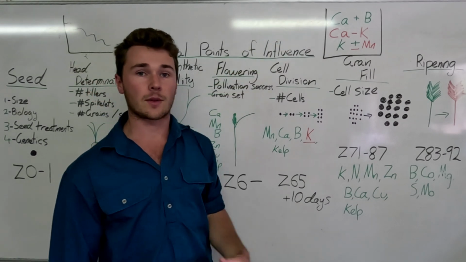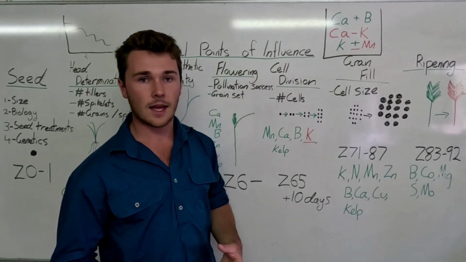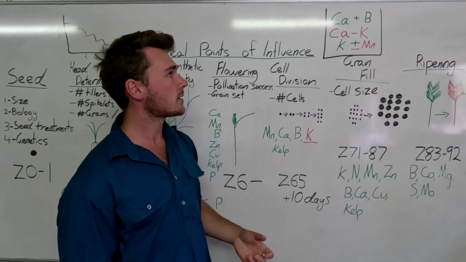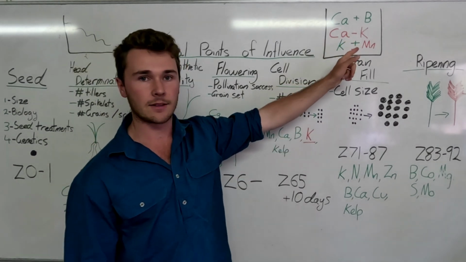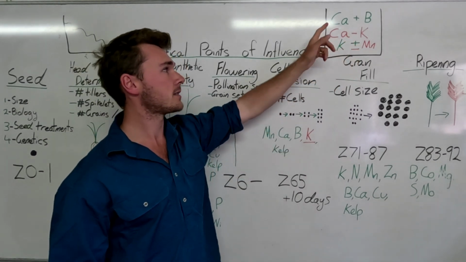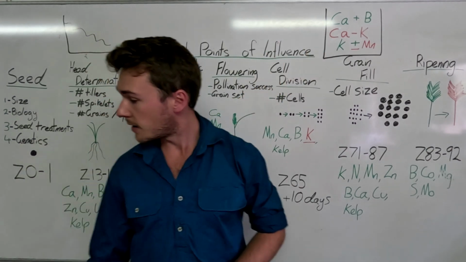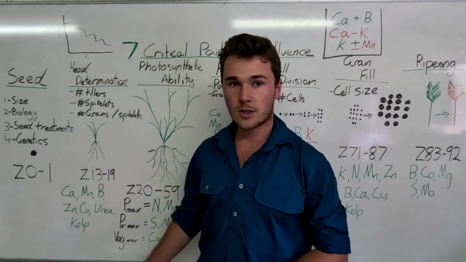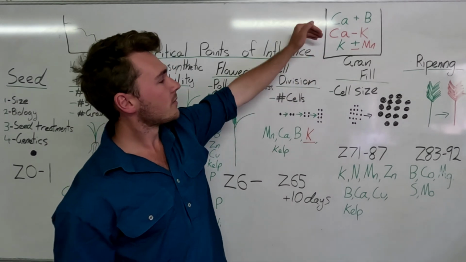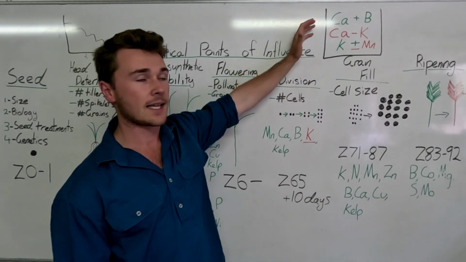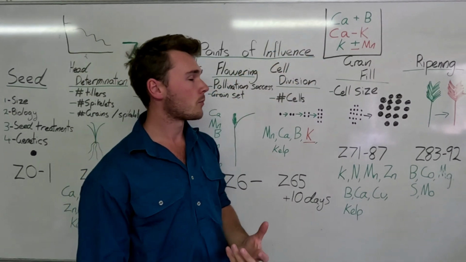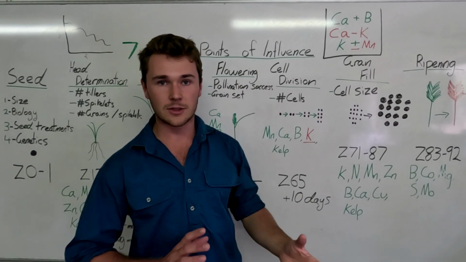Calcium and potassium are both cations, and they both use the same uptake pathways, which means if we have too much potassium, it's going to antagonize the uptake of calcium. Calcium is needed, especially in this stage as well as many of our other stages, but we really want to be managing this calcium to potassium ratio in our plant, and we use differential status analysis to help guide that.